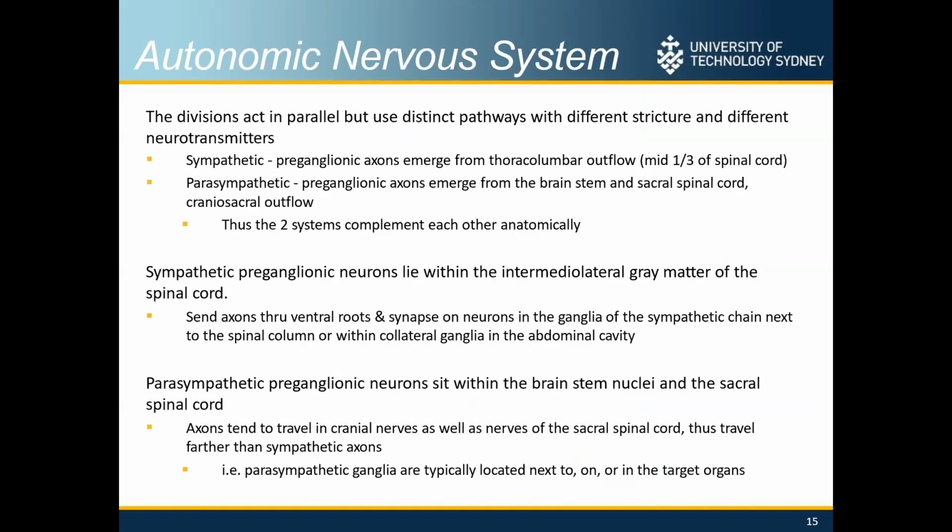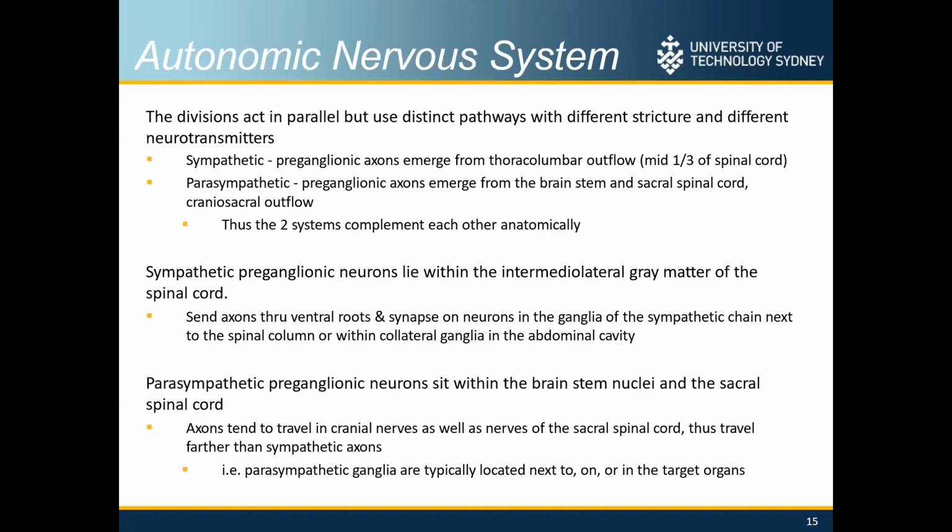The parasympathetic preganglionic neurons sit within the brainstem nuclei and also the sacral spinal cord. In this case, the axons travel in the cranial nerves as well as the nerves of the spinal cord.